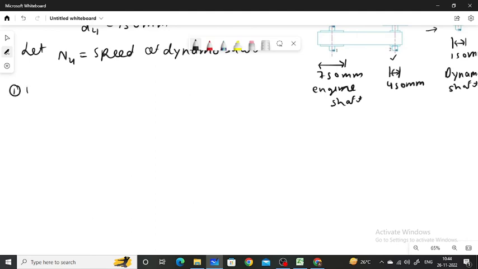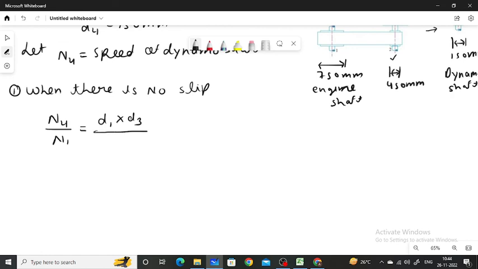First, when there is no slip, we know that N4 upon N1 is equal to D1 into D3 upon D2 into D4.